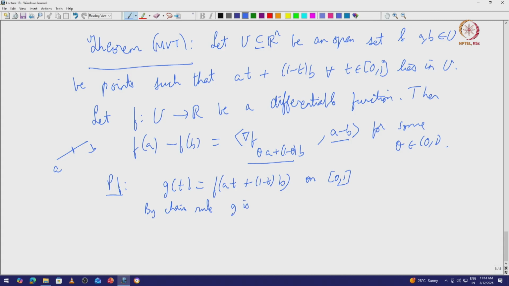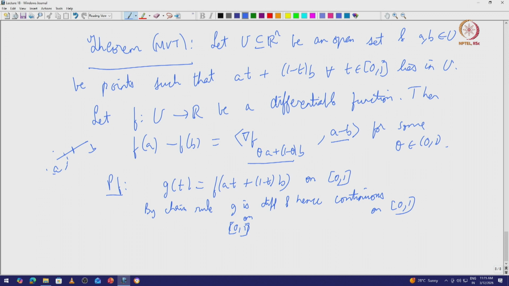G is differentiable and hence continuous. Differentiable on (0, 1) and continuous. In fact, it's differentiable not just on (0, 1), but on the closed interval no less. Why is this so, right? The point is A and B are within an open set, right?